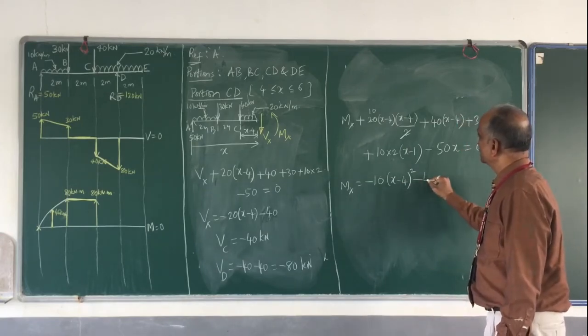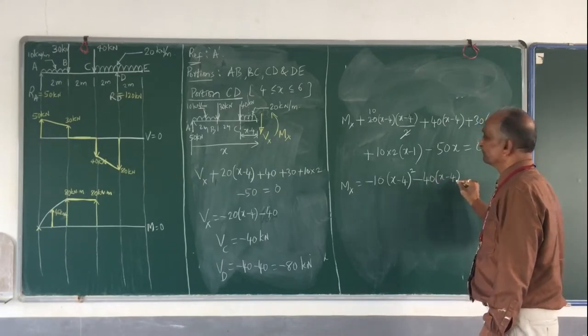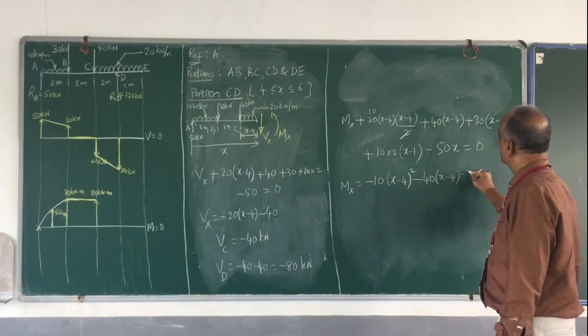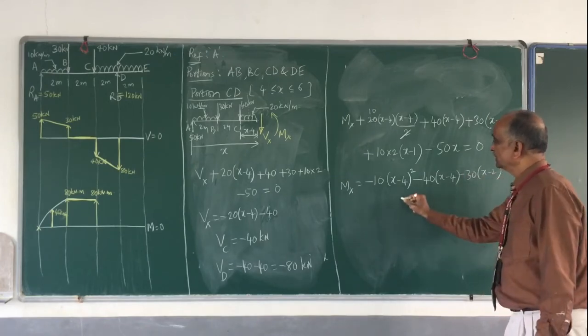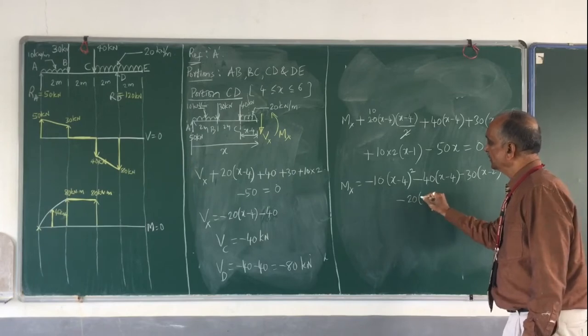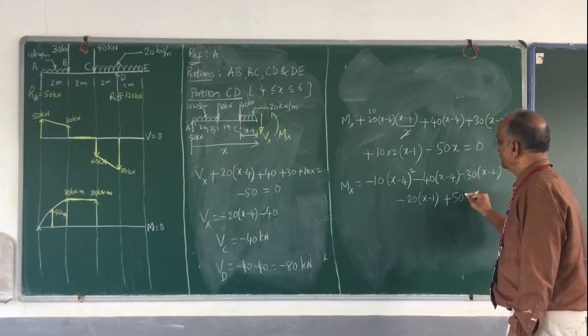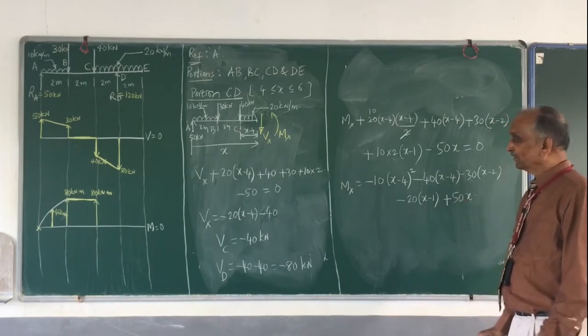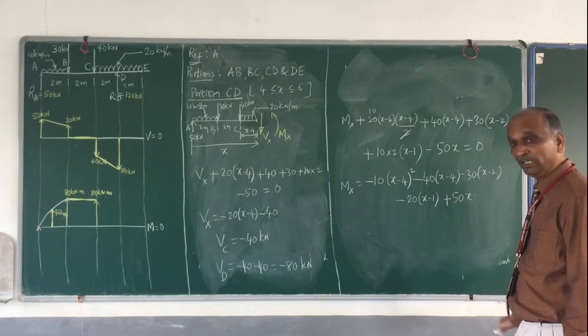Then minus 40 into x minus 4, minus 30 into x minus 2, minus 20 into x minus 1 plus 15 times x. Okay, so observe carefully.